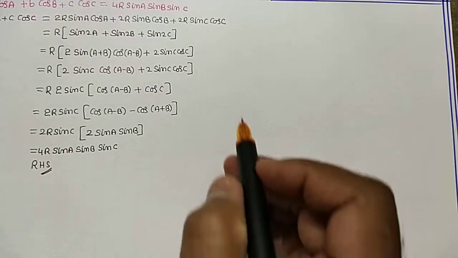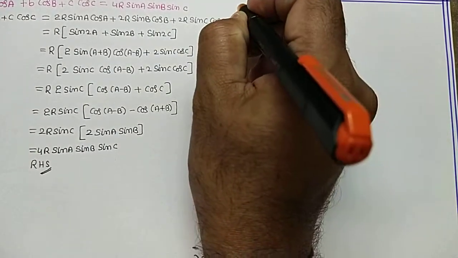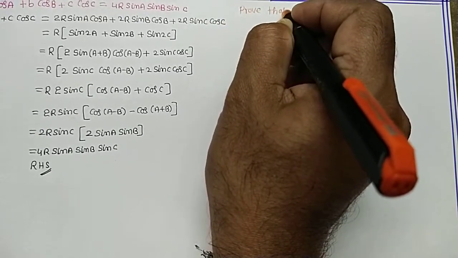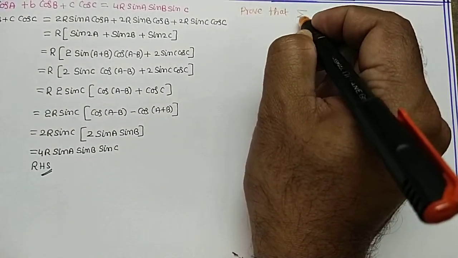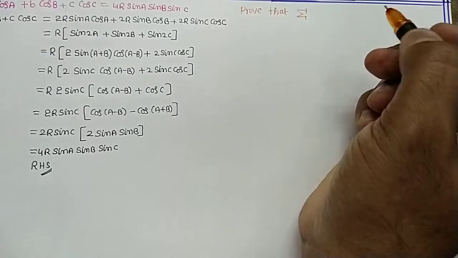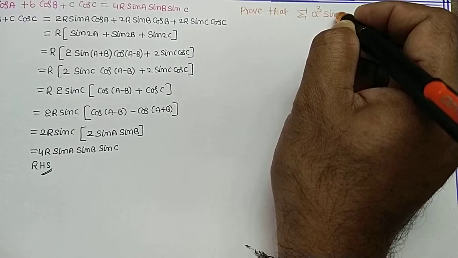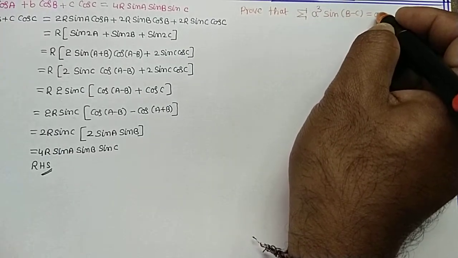The next question, prove that summation or sigma a cube into sine of b minus c is equal to 0.